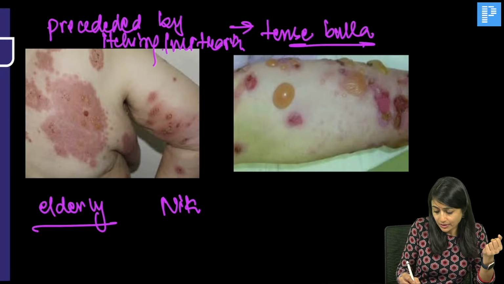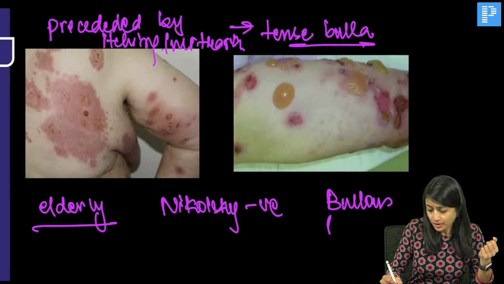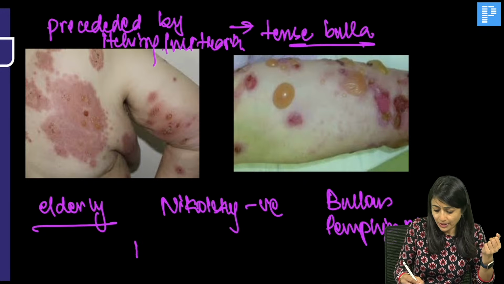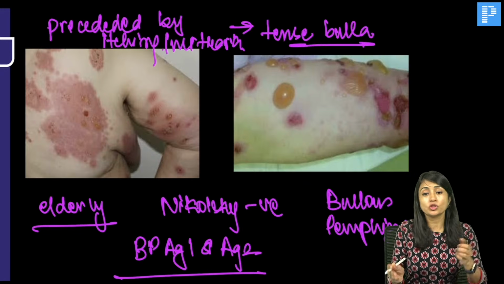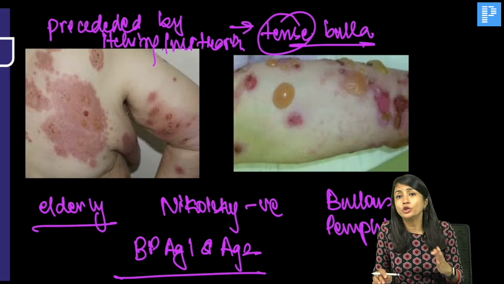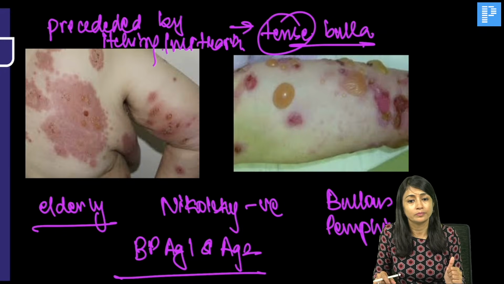Nikolsky is negative. Then you have to think of bullous pemphigoid, and your target antigen here is BP antigen 1 and 2. So, you should know the antigens, you should know Nikolsky, and you should be able to see if there is tense bulla. We know that it is a subepidermal bulla that we are talking about.